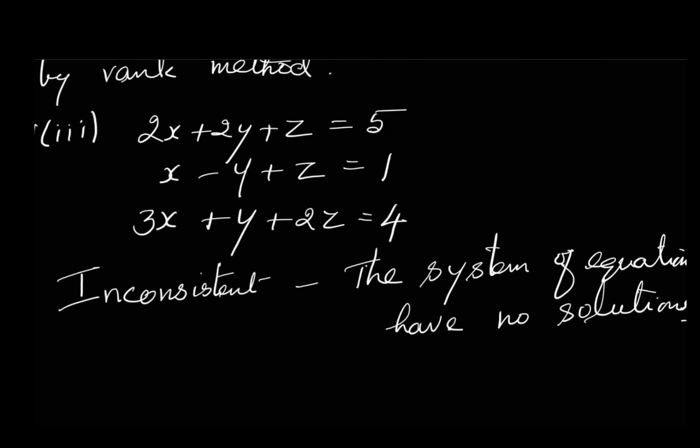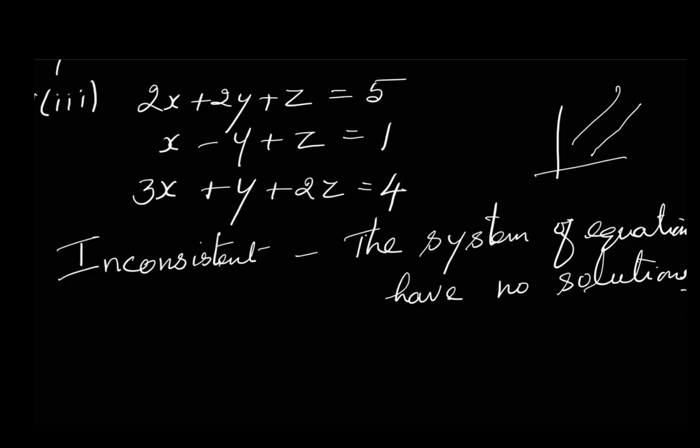So in that case the lines may be parallel. They never intersect. If they intersect only, we'll get the solution, or they may coincide. In that case you will get infinitely many solutions. So here, inconsistent equations never intersect, they are parallel.